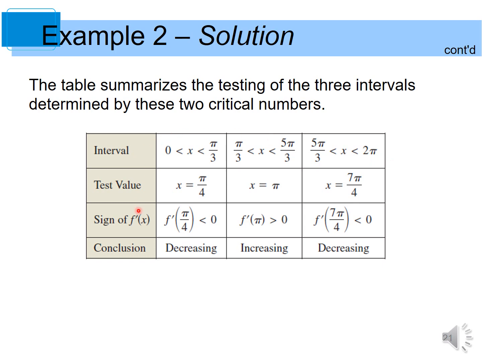For the test value, select any value from the respective interval and substitute into the f prime of x function. Based on the sign, we conclude the answer. For the first interval, the sign is negative, so it's decreasing. For the second interval, the sign is positive, so it's increasing. And for the last interval, the sign is negative, so it's decreasing.